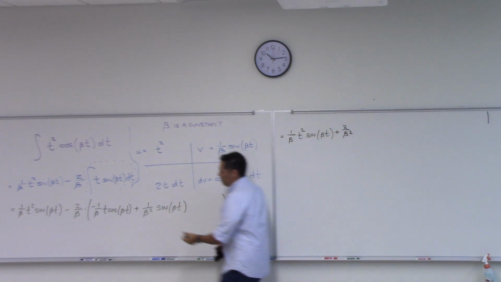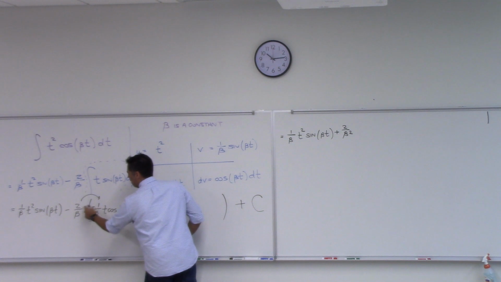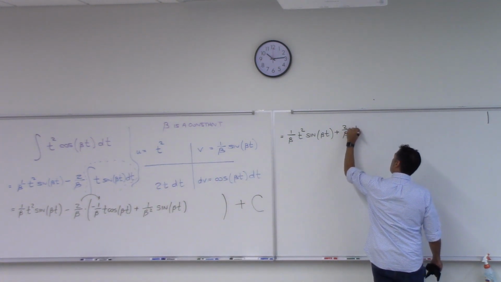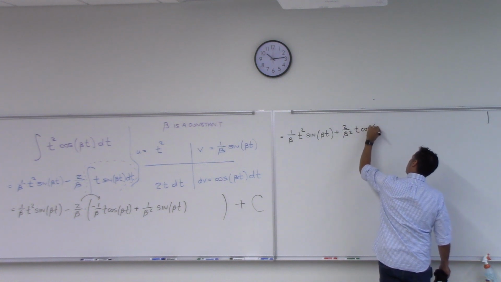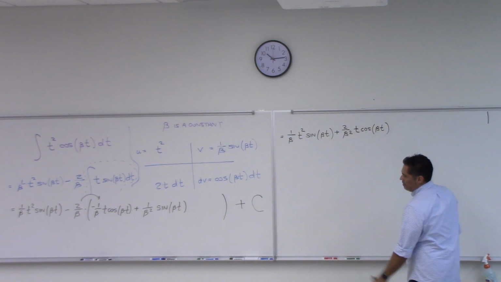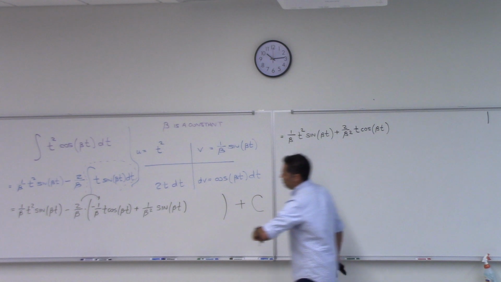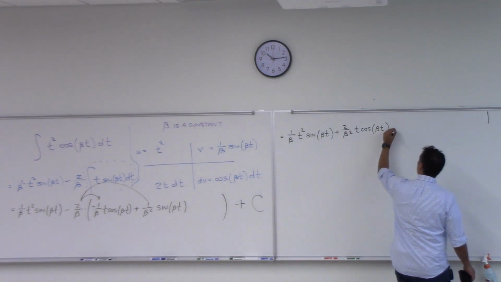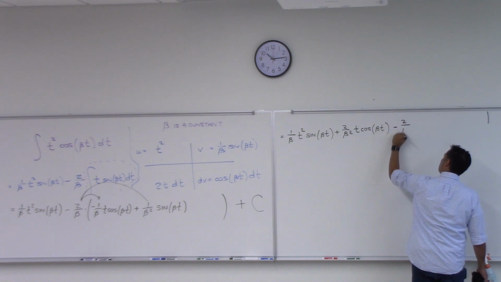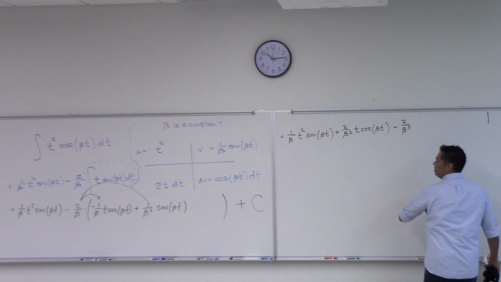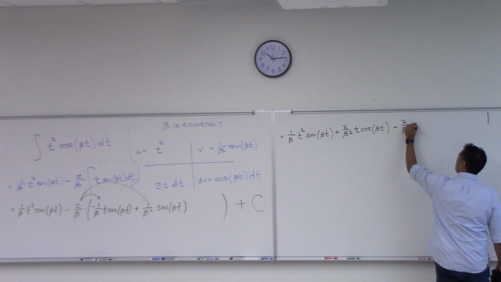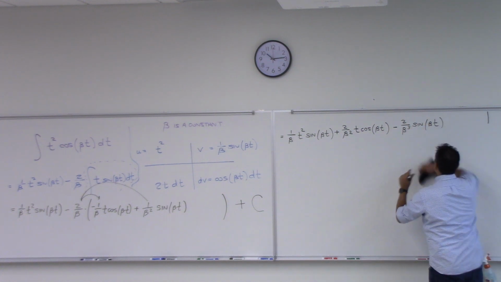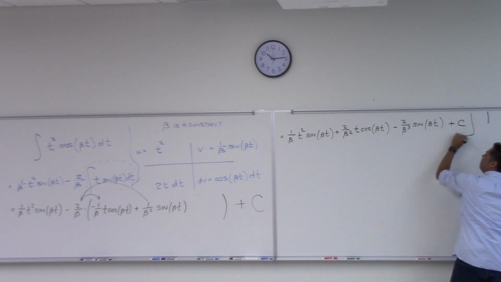That's just me multiplying this times this, and two negatives become plus t cosine beta t, and then distributing again, right, through here to here. We have negative 2 over what? Beta cubed sine beta t plus c. There you go.